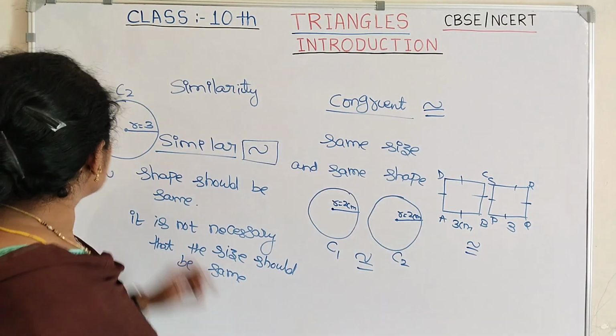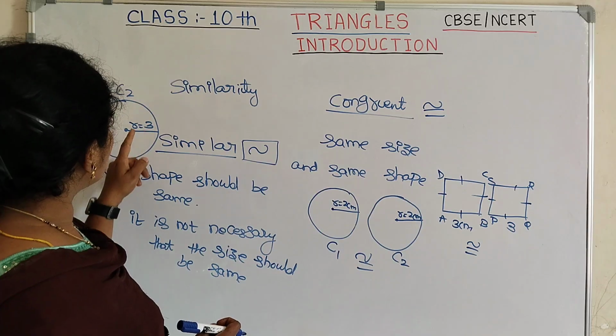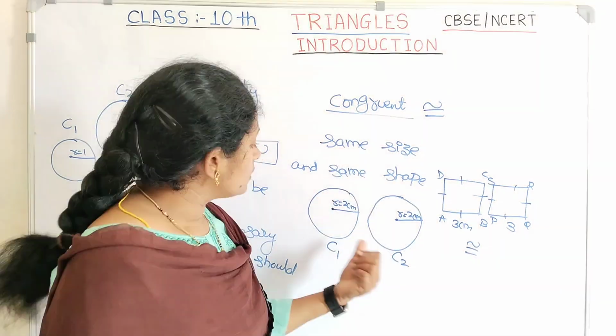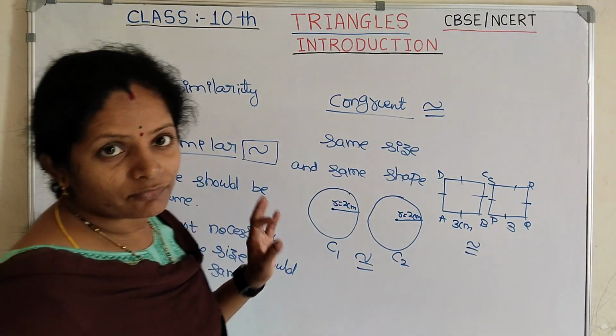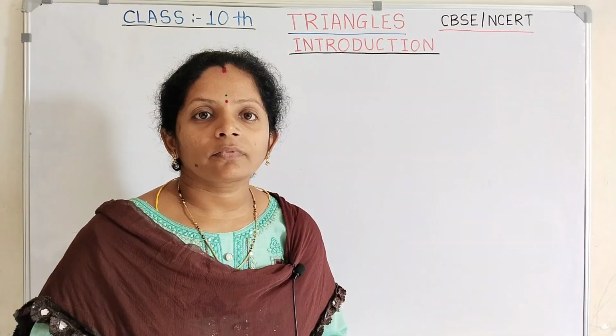It differs in size. For the first one the radius is equal to 1 and for C2 the radius is equal to 3. Whereas for congruence, the radii are equal, but it is not necessary here. We can say that these two circles are similar.